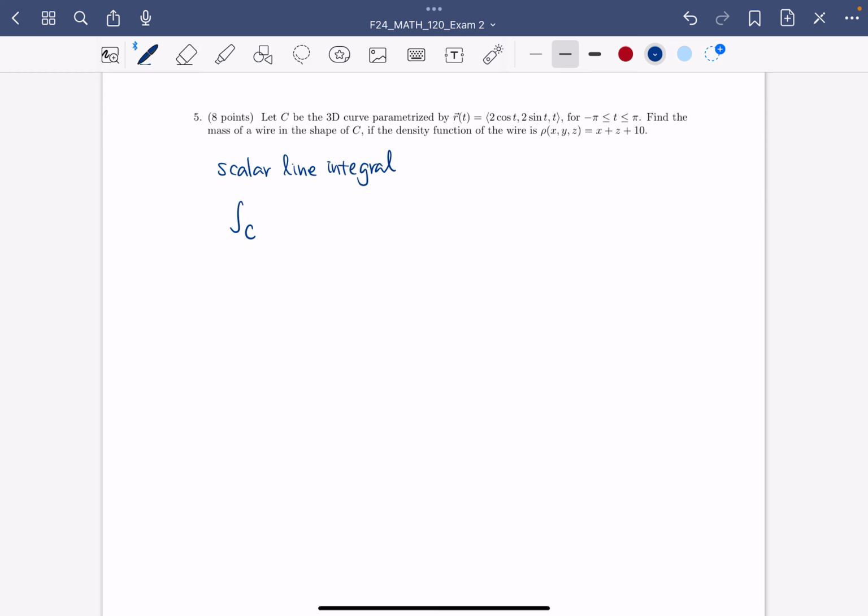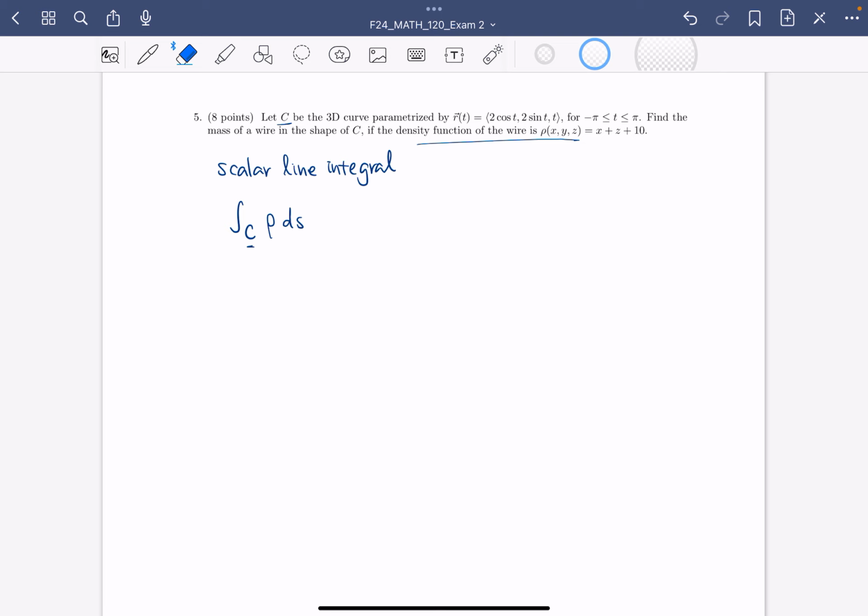So we're integrating over this curve C, so write down the C here, and the density function rho ds.